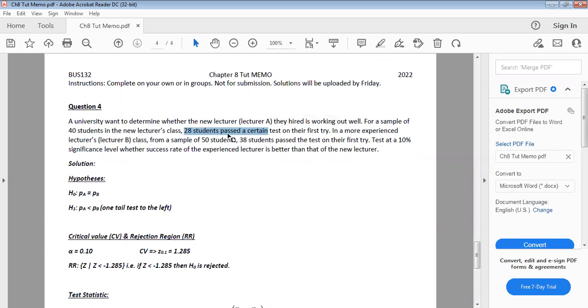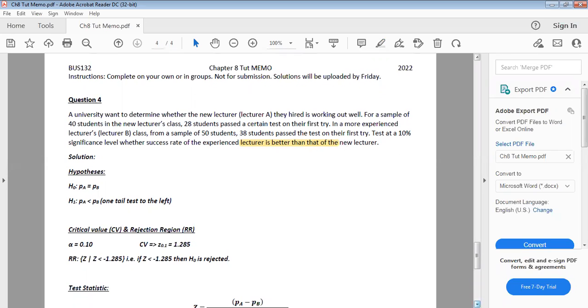In a more experienced lecture B, so there is lecture A and lecture B, 50 students passed the test on their first trial. Test at 10% significance level whether the success rate of the experienced lecture is better than that of a new lecture. So you must know a new lecture is letter A.